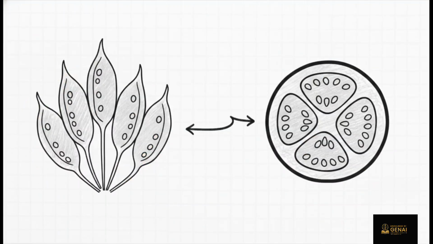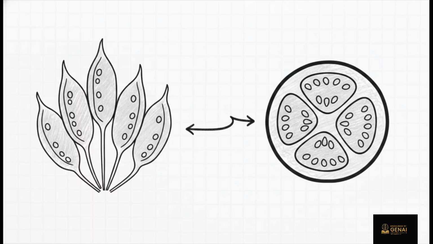Let's push our macro lens even deeper, right into the gynoecium itself. This female reproductive whorl is made of individual units called carpels. Now, when a flower has more than one carpel, they have a choice. They can either act independently and be completely free, which botanists call apocarpous, like you'd see in a classic rose.